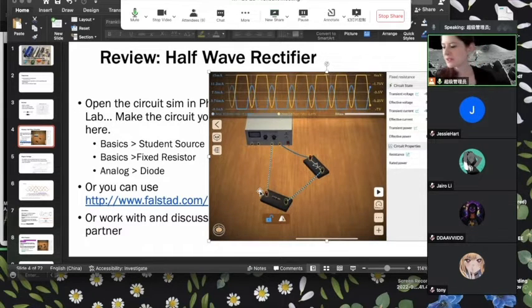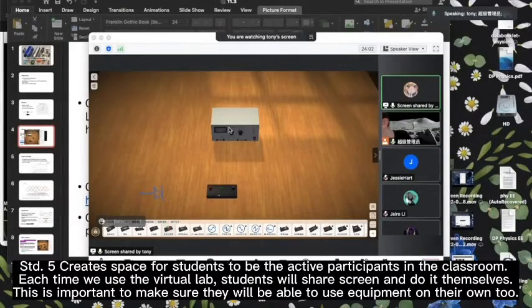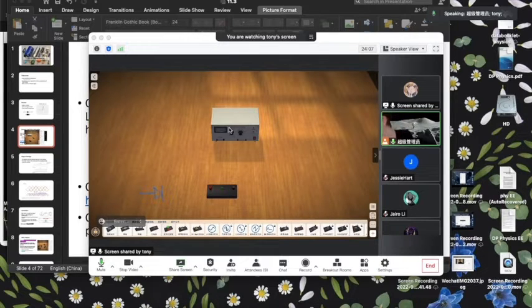To do this, I'm going to stop sharing my screen, and I'm going to ask one of you to open up Circuit Lab and share your screen. Maybe use this one. This is also a diode. The LED means light emitting diode, so this is a diode, but not the one I wanted to use.